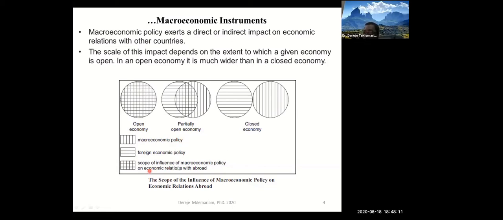So the scope of the influence of macroeconomic policy will affect all sectors, or even temporally. In a partially open economy, we have macroeconomic policy and, of course, foreign economic policy. Our macroeconomic policy is drawn downwards, our foreign economic policy is drawn horizontally. Partially open means it is only on some minor interfaces that the macroeconomic policy cuts or relates with foreign economic policy.